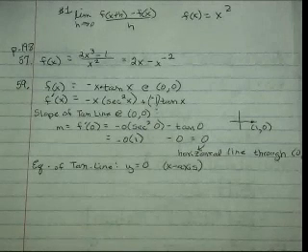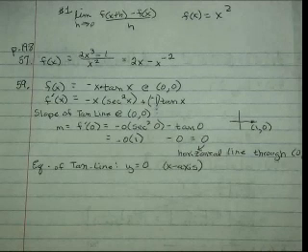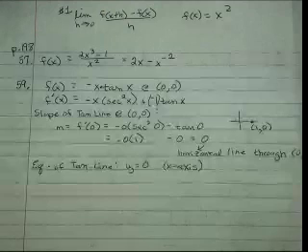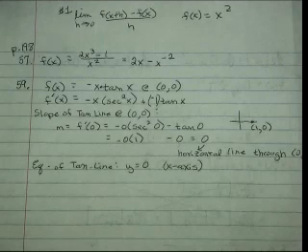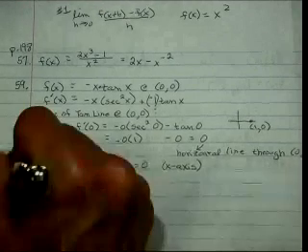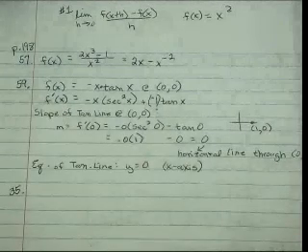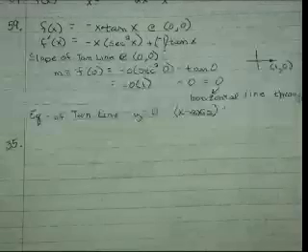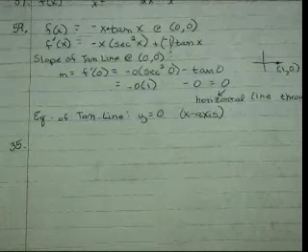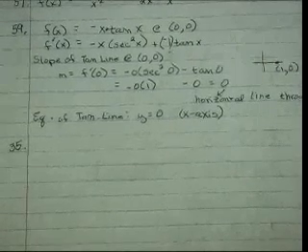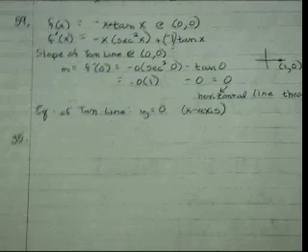Can you do 35 from the chapter review? Tell me this. If you give me the position function and I find its first derivative, what have I found? The velocity function.